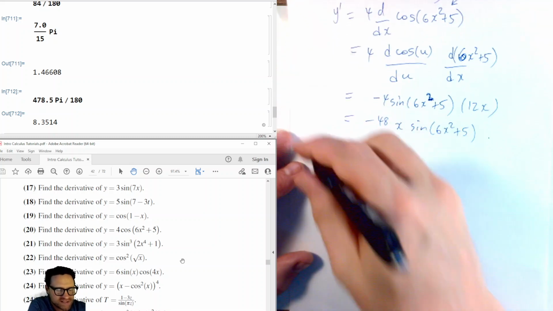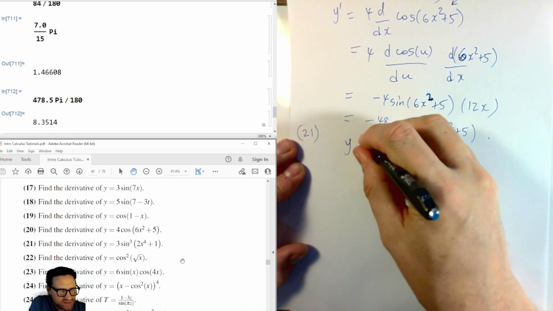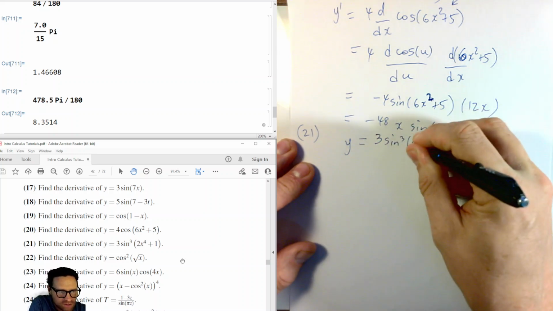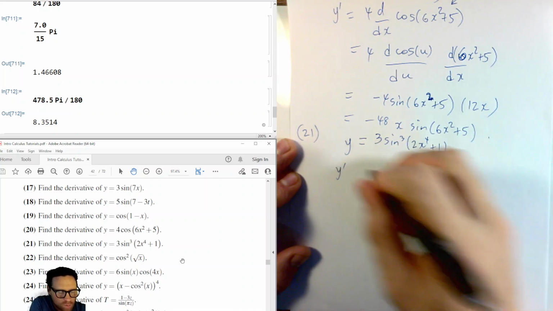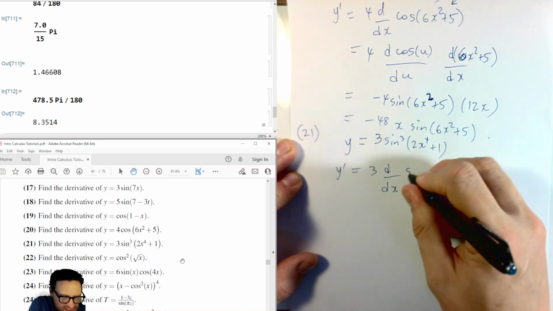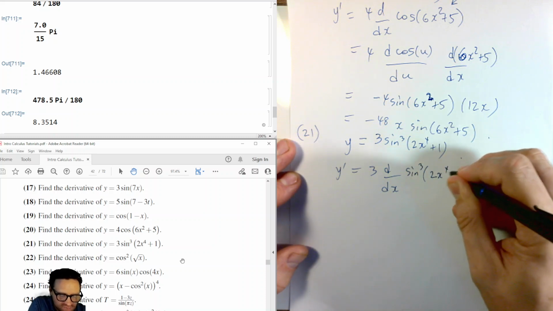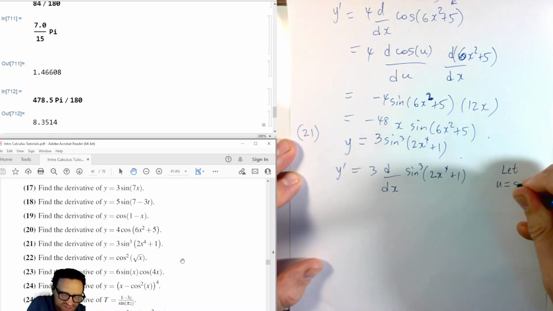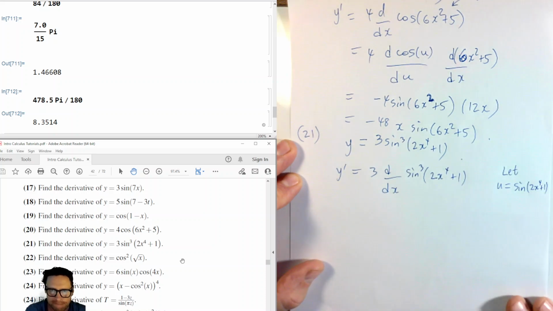Okay, question 21. Differentiate, or find the derivative of, the function y equals 3 sine cubed of (2x to the 4th plus 1). So y dash is 3 times the derivative with respect to x of sine cubed of (2x to the 4th plus 1). So here let u be equal to sine of (2x to the 4th plus 1).